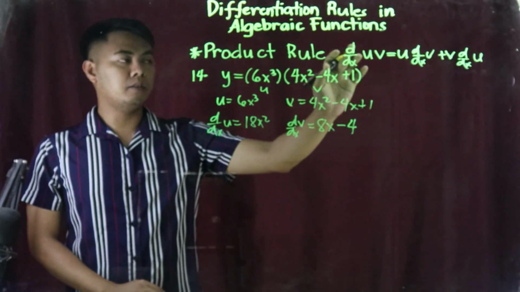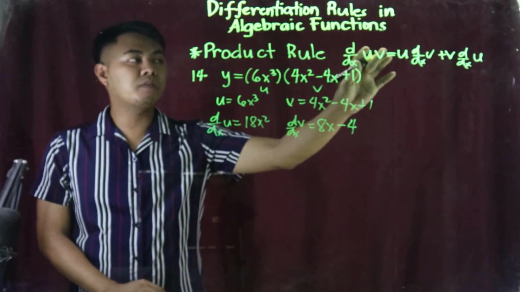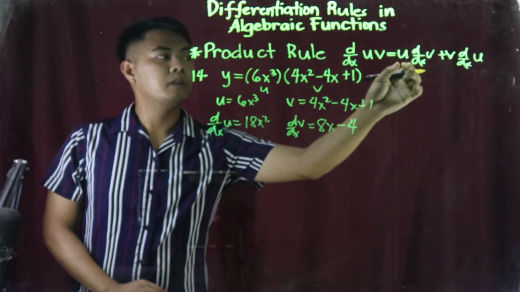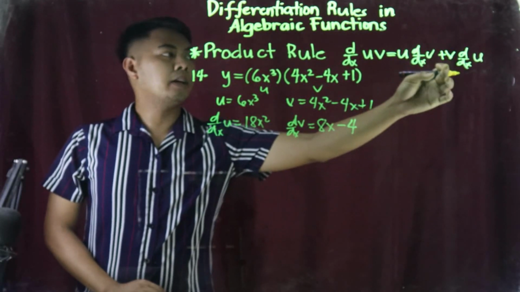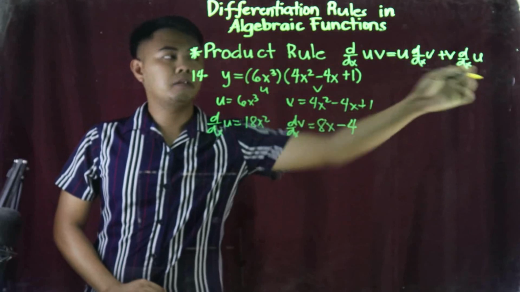Okay, so the product rule: the derivative of u times v is equal to copy u times the derivative of v plus copy v times the derivative of u.